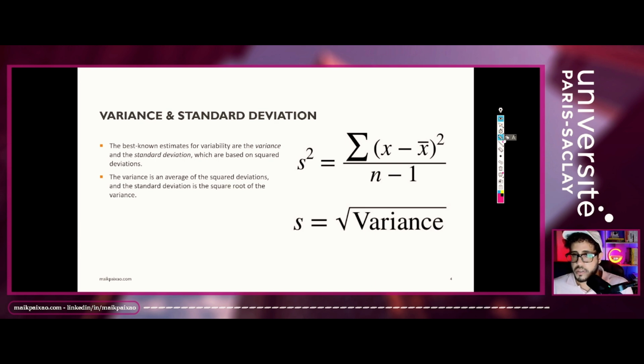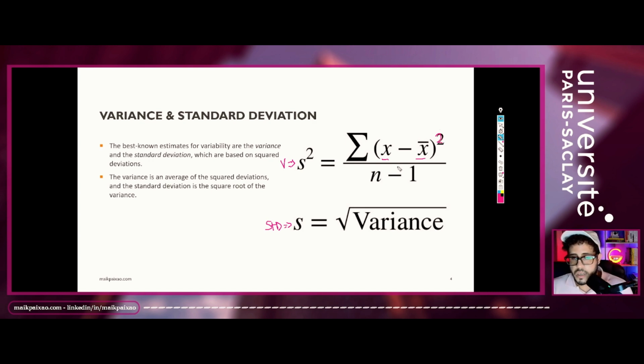So we have here the formula for the variance, and here for the standard deviation. Basically we take the difference between the local estimate and each data point, we square this difference, and we take the average over each data point we have in our set of values.